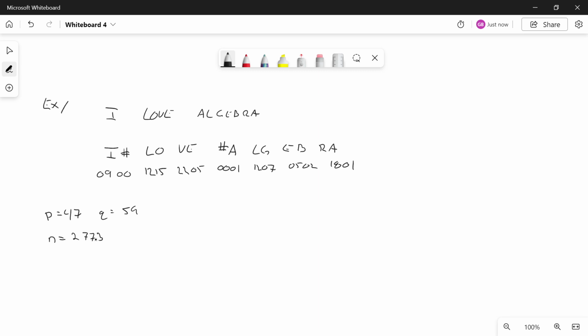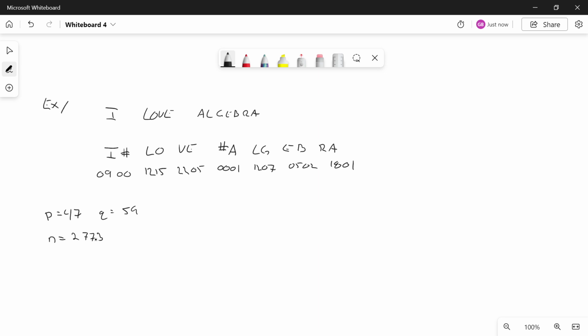So this is the reason why I've broken messages down like this. The largest message I could have when I'm only using two letters, or a letter and a space, or some combination of that, would be ZZ, which would be 2,626. Now, since all this is being done mod n, I want to make sure that each one of my messages is unique.